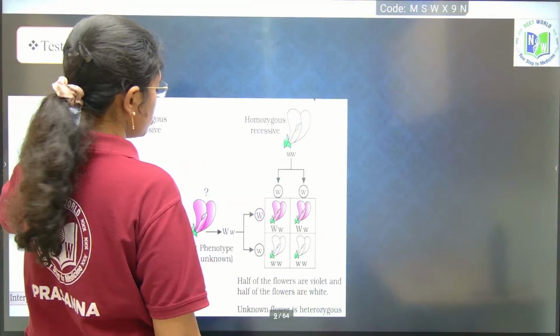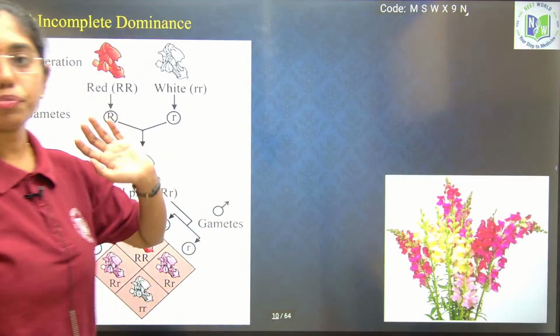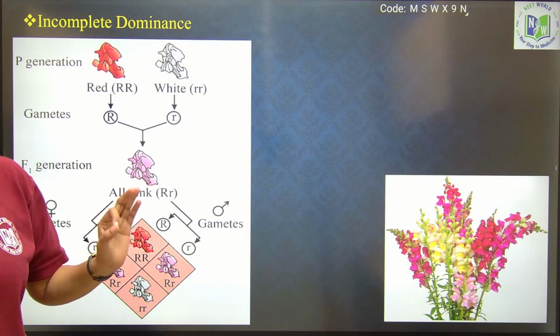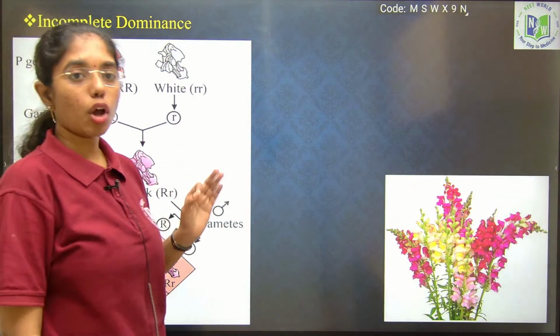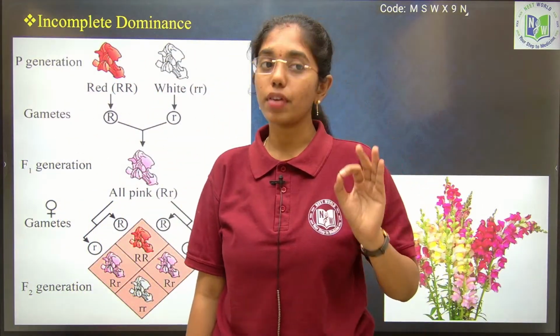Yes, about test cross we have learned. Now, what are the exceptions of Mendel's laws of inheritance, especially for law of dominance? According to law of dominance, the dominant allele will mask the effect of recessive allele, yes or no?